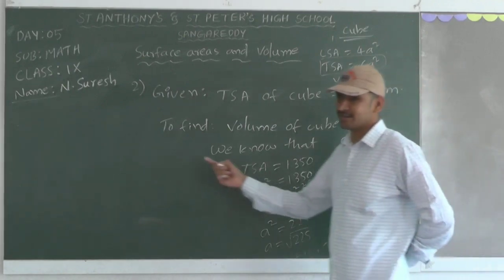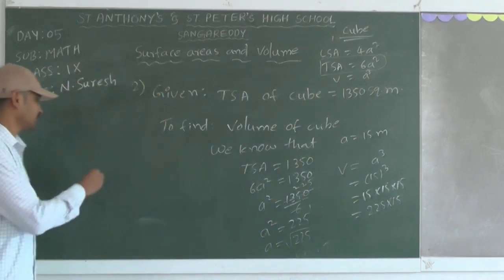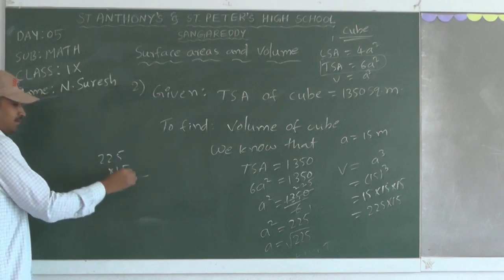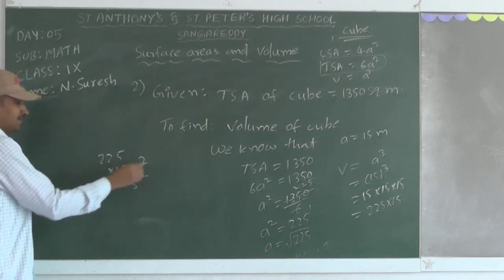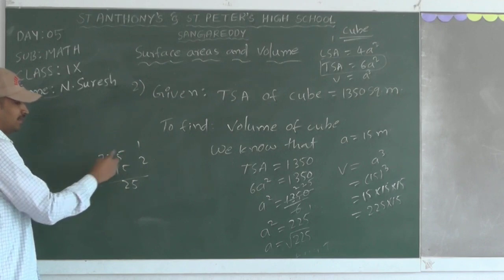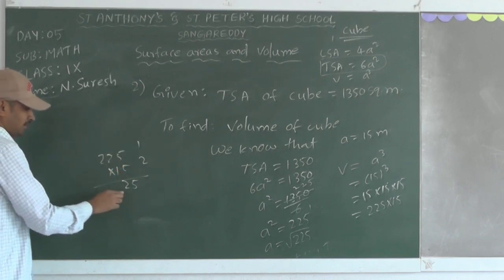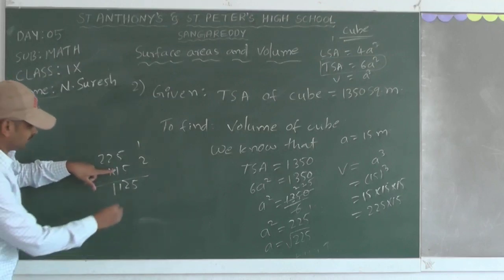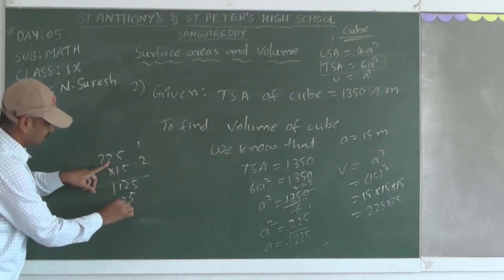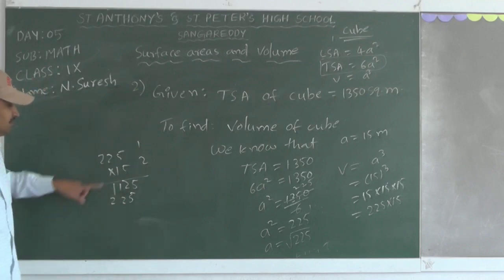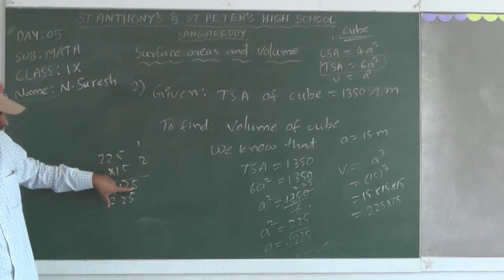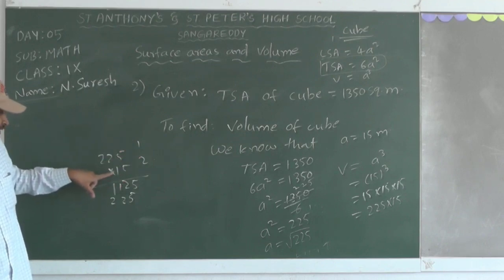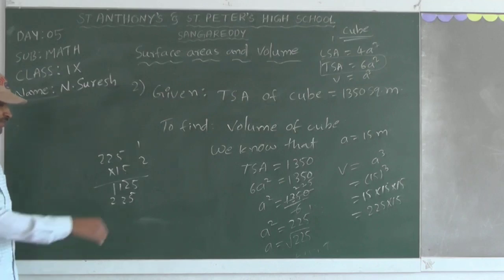Let me do the calculation here. 5 into 5 is 25; 5 into 2 is 10 plus 2 is 12; 5 into 2 is 10 plus 1 is 11. With the 1 table, 225 as it is, 225.